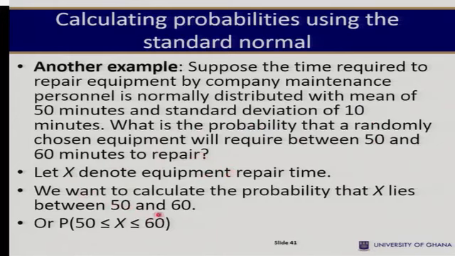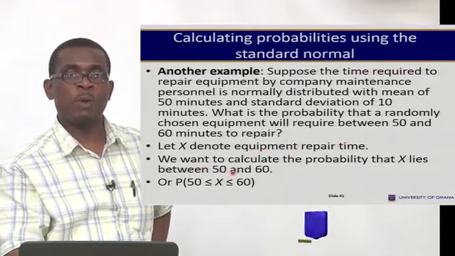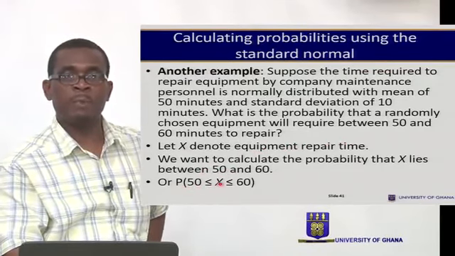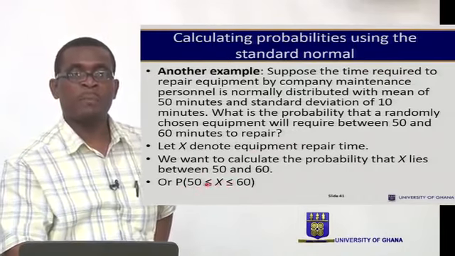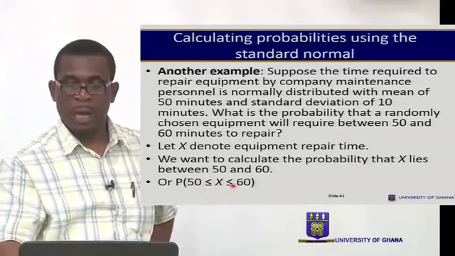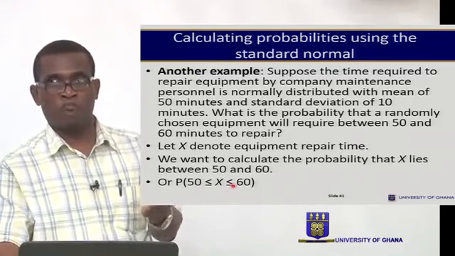So what we want to calculate, if we define X to be the equipment repair time, then we want to find the probability that the equipment repair time lies between 50 and 60 minutes. So we'll just write it simply as probability that X lies between 50 and 60. Now, we're saying that we should convert to the Z component.